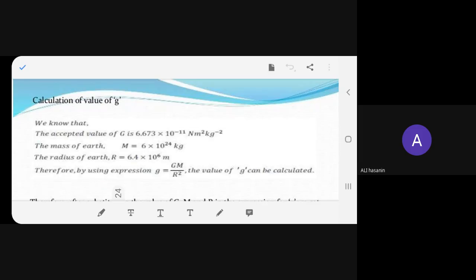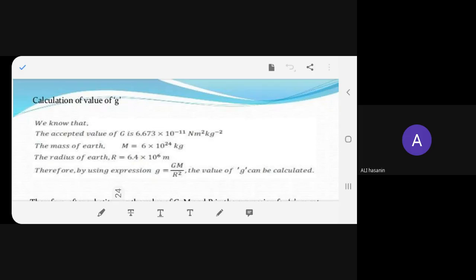The mass of Earth is equal to 6 into 10 raised to 24 kilogram, and the radius of Earth is equal to 6.4 into 10 raised to 6 meter. Given all the values, it's easy to find the value of small g.